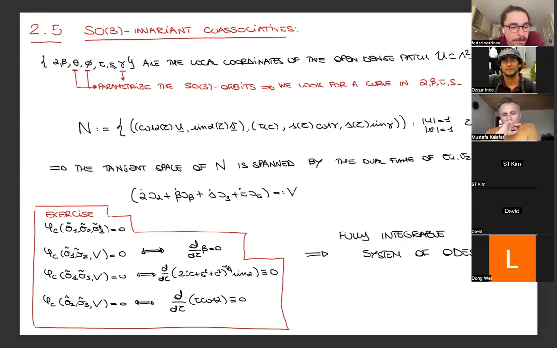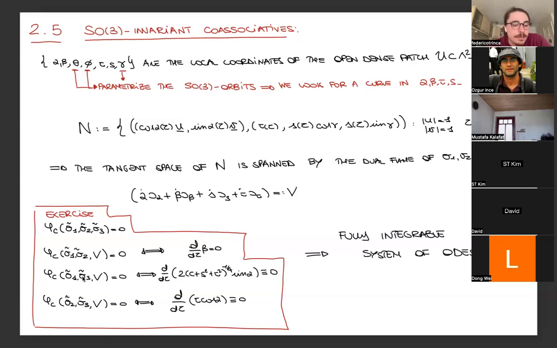So the first one is a reality check in the sense that if this doesn't vanish, then we cannot expect SO(3) invariant associatives. Luckily, it does hold. So then if you plug in sigma tilde 1 and sigma tilde 2 with your V here, what you get is beta constant.